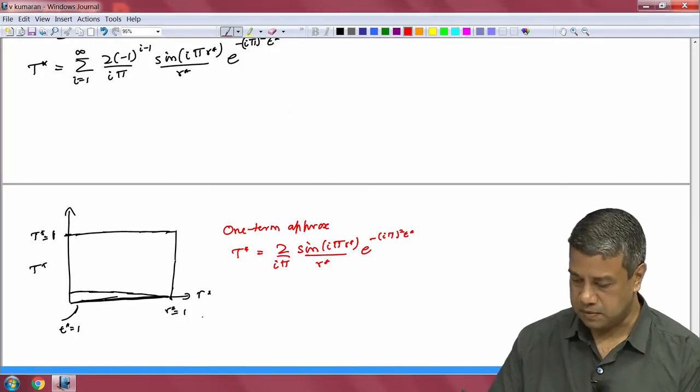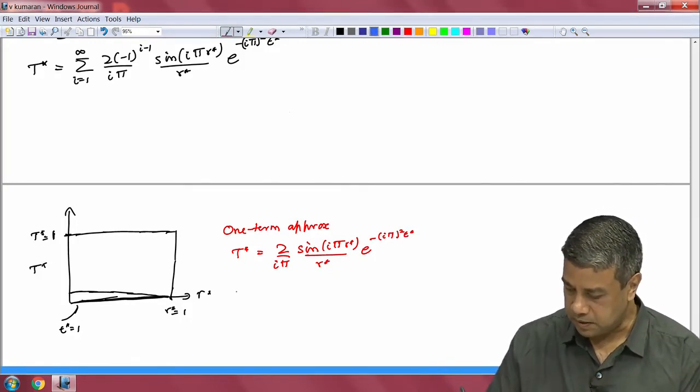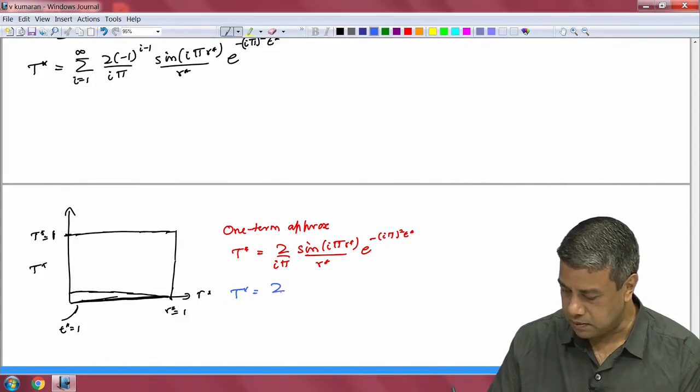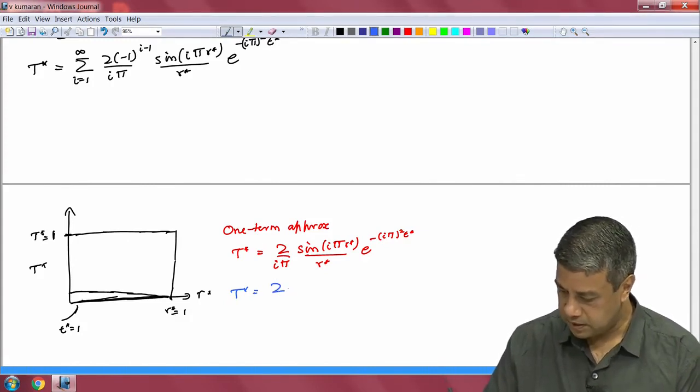That is a one term approximation, and the three term approximation is T star equal to 2 times the summation i equal to 1 to 3.